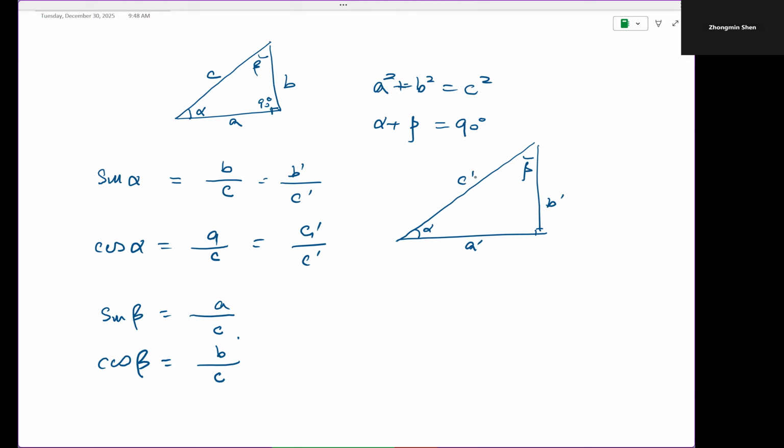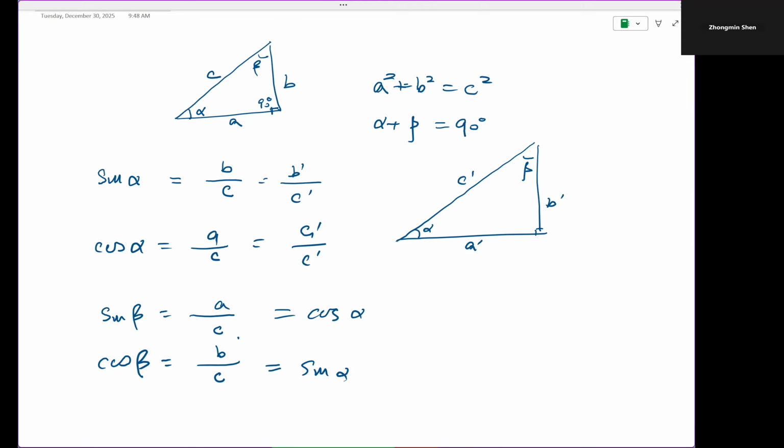As you can see, we can get lots of identities here. Sine beta is A over C, but A over C is cosine alpha, right? And then this B over C will be sine alpha. So immediately you can derive a lot of identities by yourself.